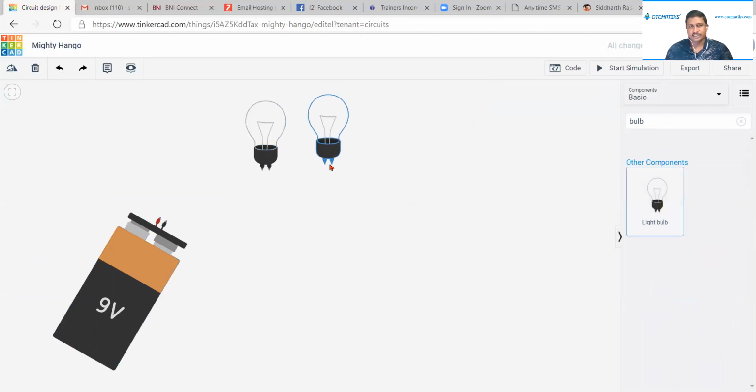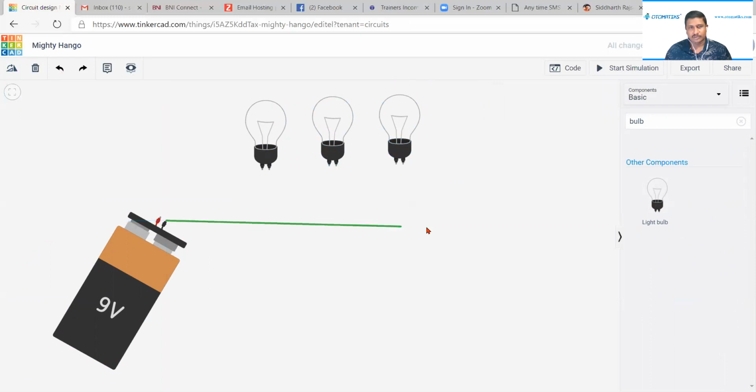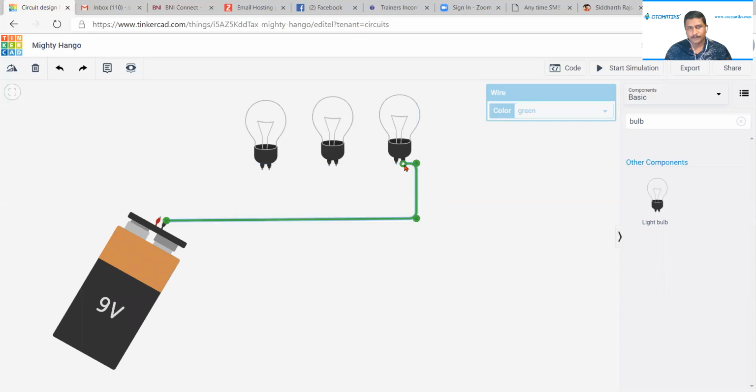Again, for series connection, I'm going to take 3 bulbs. Now you need to check properly what I'm going to do. What I did was I connected negative to the last terminal of this bulb.